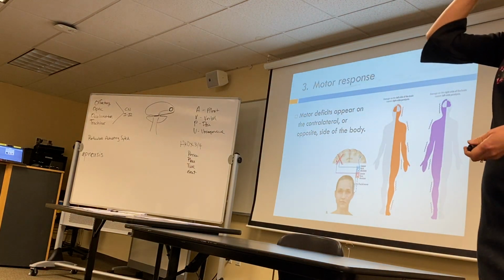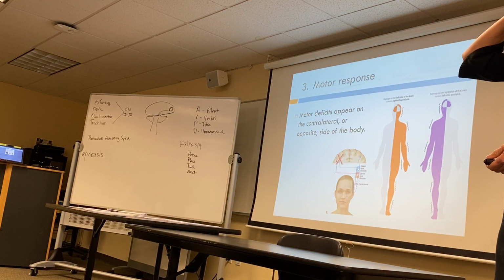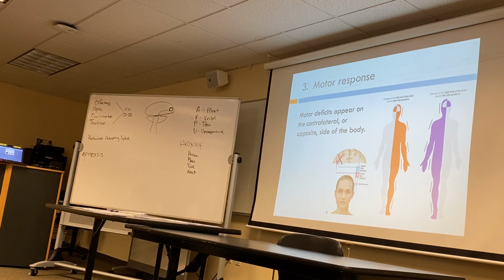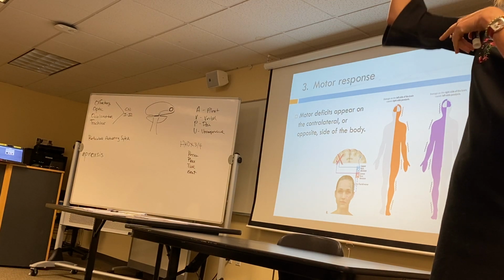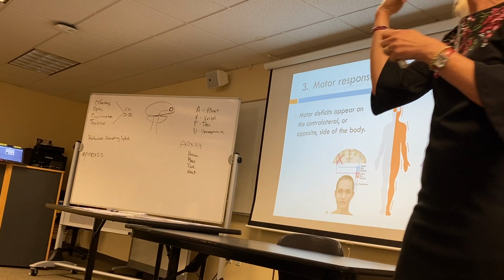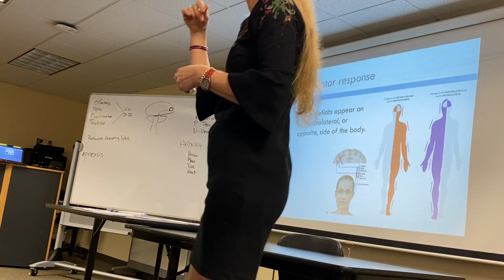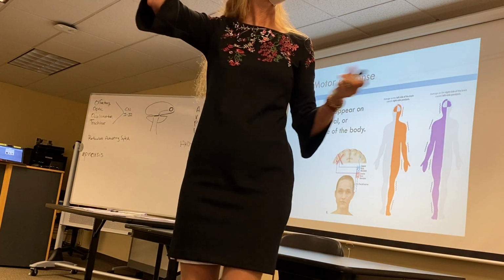So if you have a right-sided stroke, you'll have left-sided motor dysfunction. If you have a left-sided stroke, you'll have right-sided motor dysfunction. Eye changes are often on the same side as the stroke because that nerve crossover doesn't take place until the brainstem area.